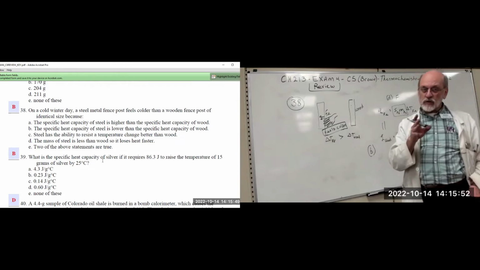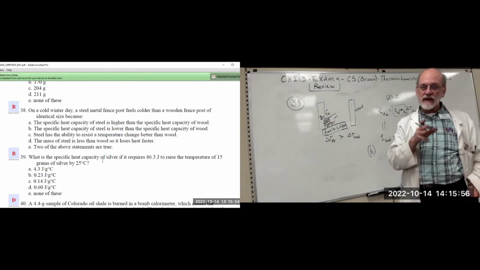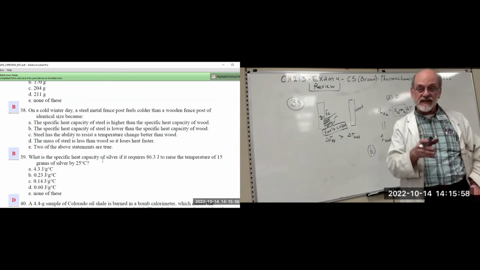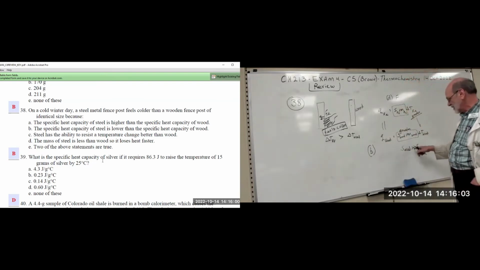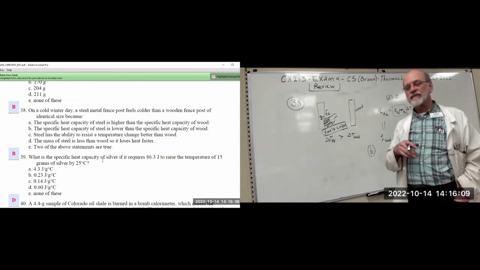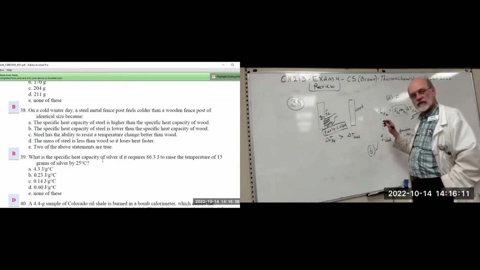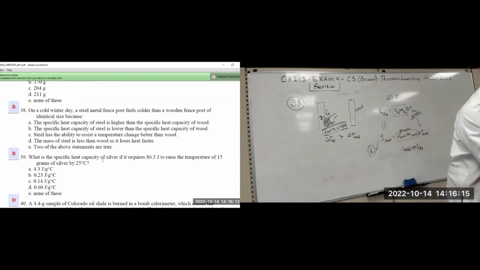So if that were true, steel has the ability to resist a temperature change better than wood, it means that the specific heat of steel would have to be greater than wood. And we know it's not. The specific heat of wood is greater than steel. So C is also false. That means B is the only possible answer. We had to dance around the barn several times to get that one.